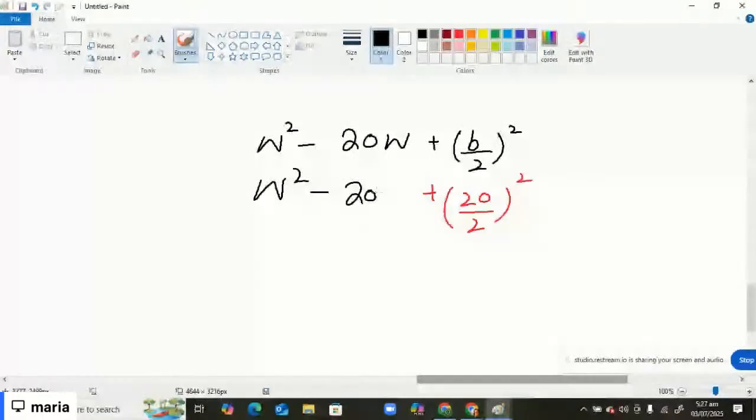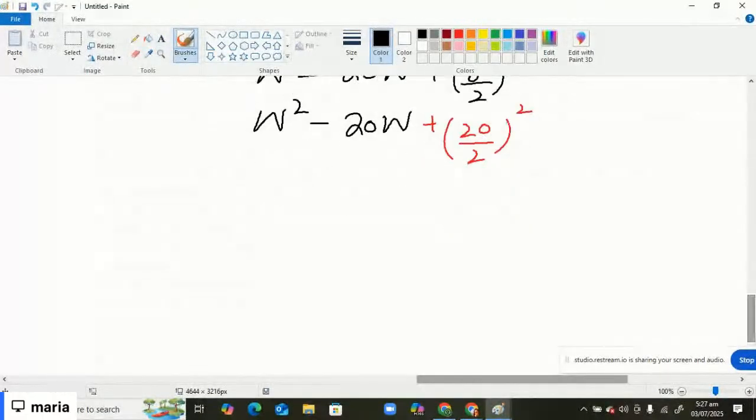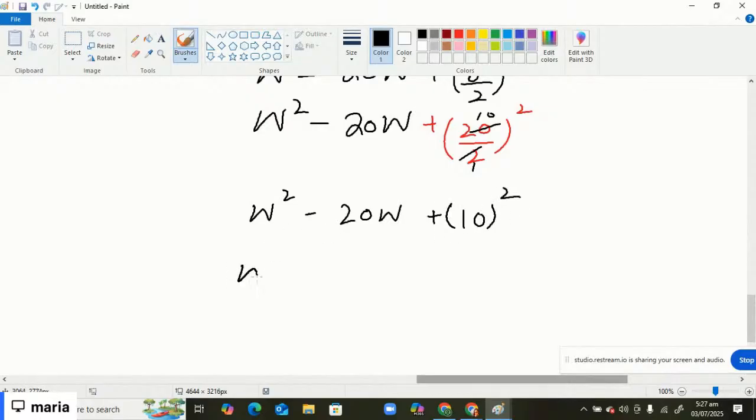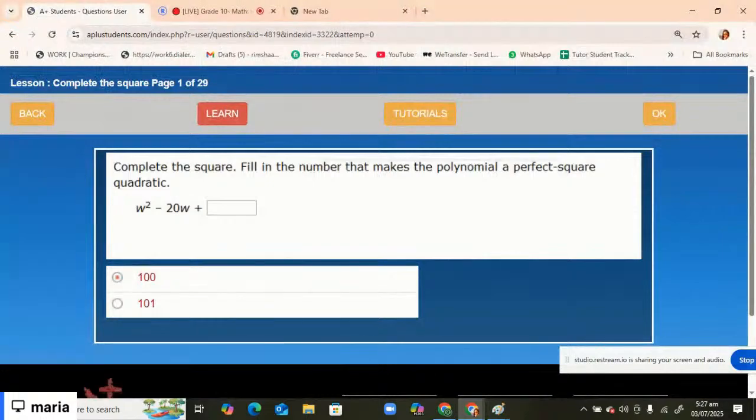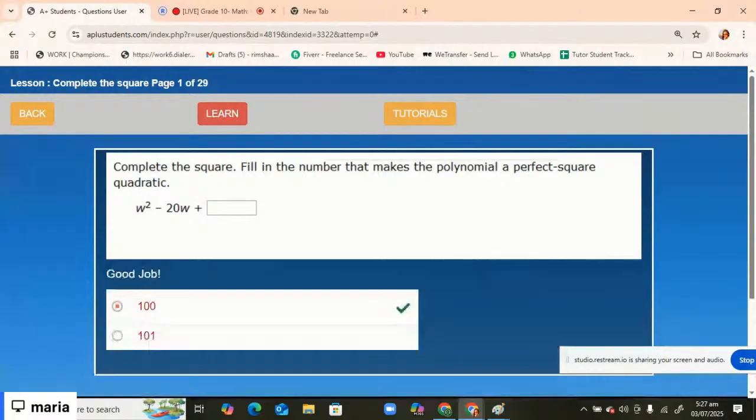Now w square minus 20w, 2 times 10 is 20, plus 10 square. w square minus 20w plus 100. So the missing value is 100, and this is the right answer.